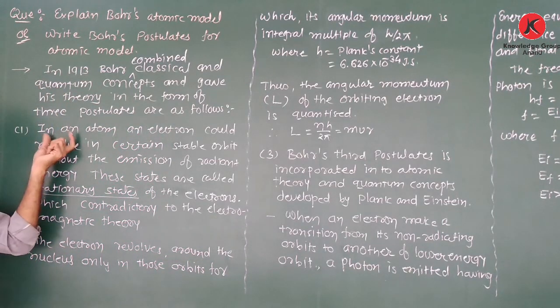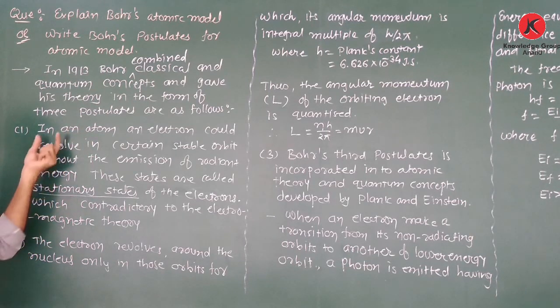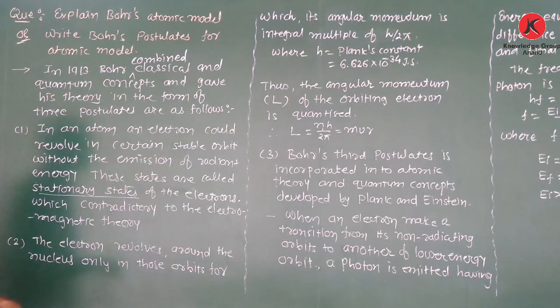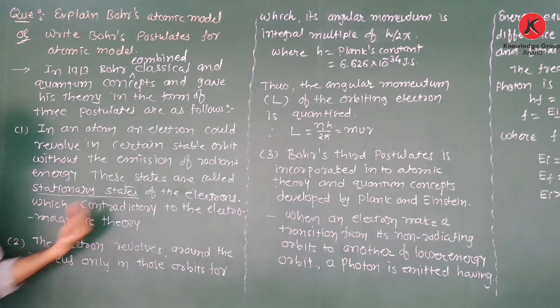So the first postulate suggested by Niels Bohr is that an electron could revolve in certain orbits without emission of radiant energy, and these are known as stationary orbits, which is contradictory to electromagnetic theory.